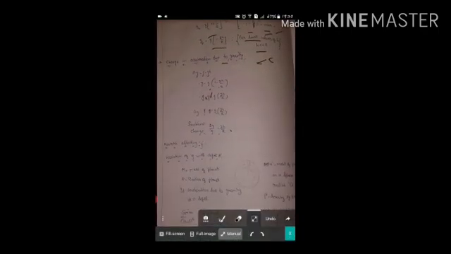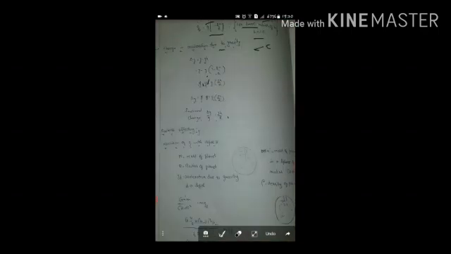Then factors affecting g. Variation of g with depth d. Here M is equal to the mass of the planet and R is equal to the radius of the planet. Here M dash is equal to the mass of the planet in a sphere of radius R minus d. Rho is equal to the density of the planet, and d is equal to the depth. And G M dash m by R minus d whole square is equal to mgd.